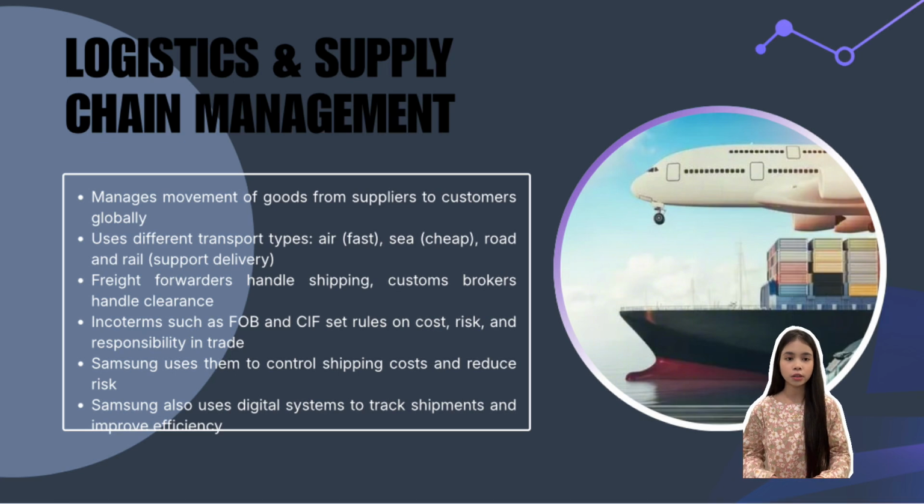In addition, Incoterms such as FOB and CIF are used to clearly define the responsibilities of buyers and sellers, including who pays for shipping and insurance. Samsung also uses digital tracking systems to monitor shipments and improve overall efficiency in its global supply chain.